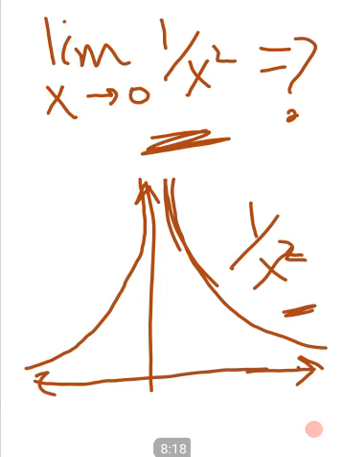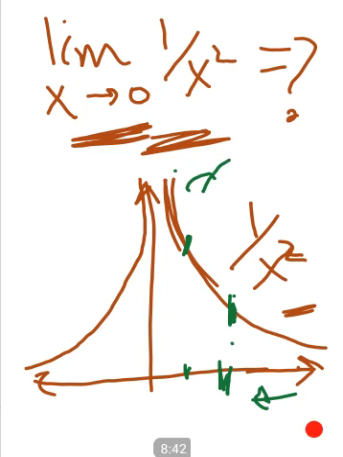So now we need to get x as close to 0 as we can. We take x, say 5, then push this leftward. See the function here values this much. Then as we push this point, say here, then the function rises up to this extent. And then when it's just 0, the function would be infinity.